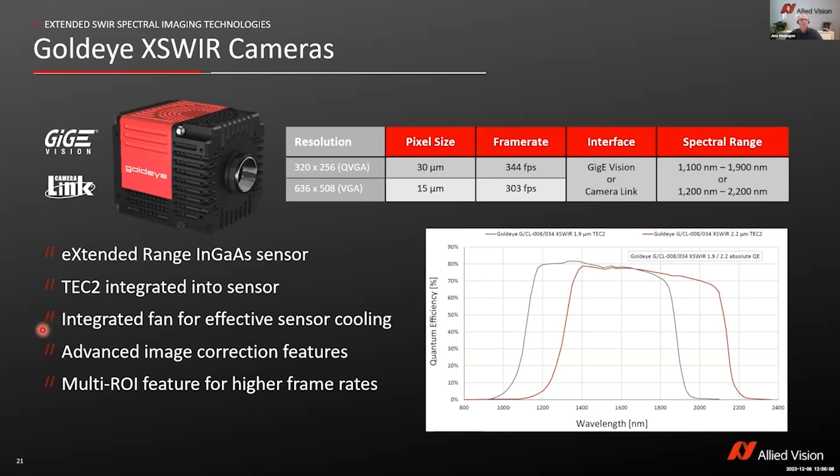And besides that, SWIR cameras provide advanced image correction and processing features, as for example, non-uniformity correction and support for multi-region of interest control. Let me give you 2 examples about the performance of these features.